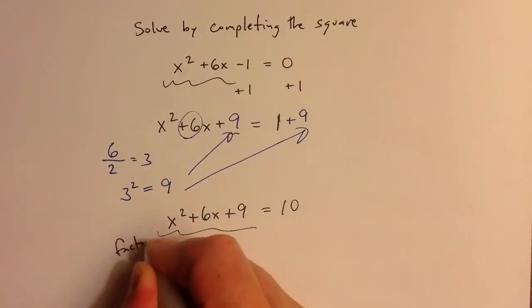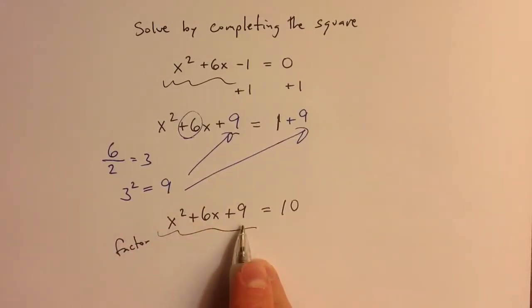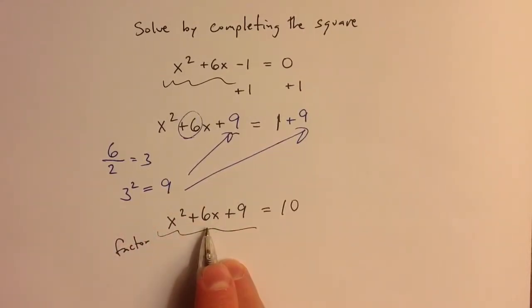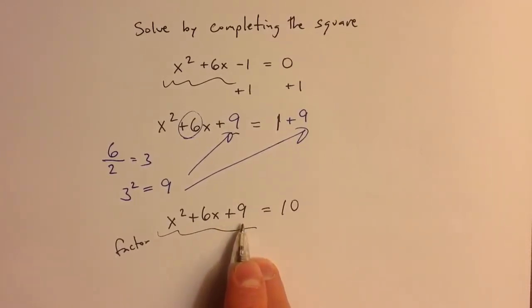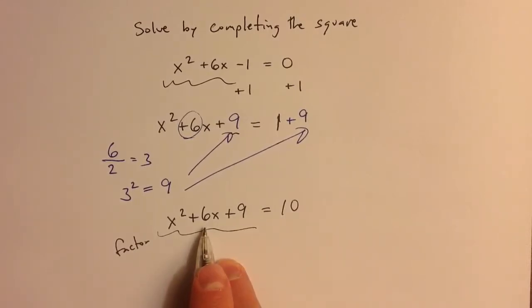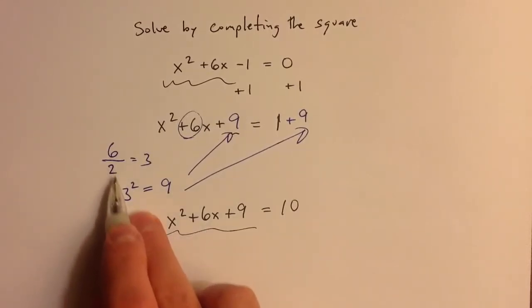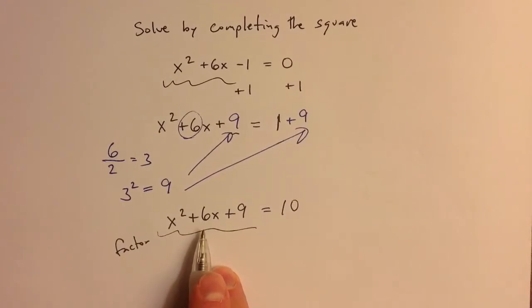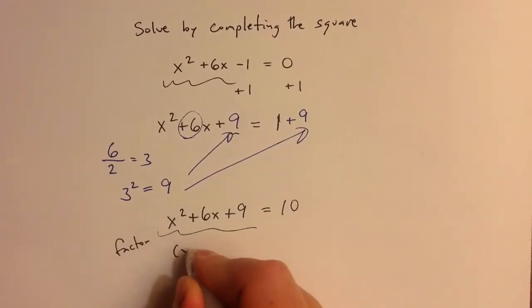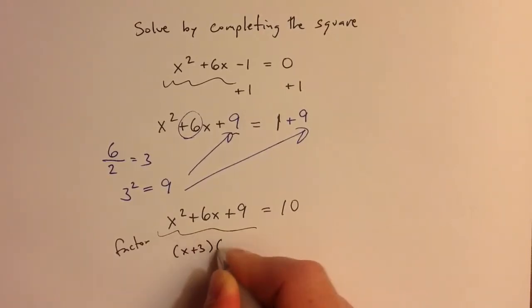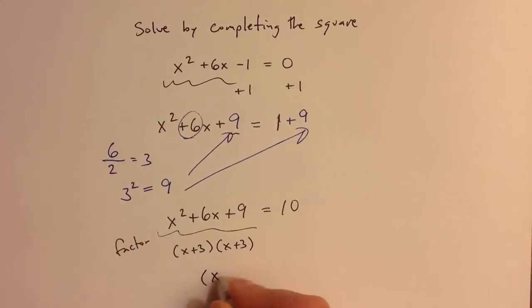To factor this, I want to look for a pair of numbers that multiplies to equal 9 and adds to equal 6. 9 is the special number that I get with 3 times 3. 3 times 3 equals 9, and 3 plus 3, because we got 3 by dividing 6 in half, we're guaranteed that 3 plus 3 equals 6. So this factors as x plus 3 times x plus 3, or more simply, this is x plus 3 squared.